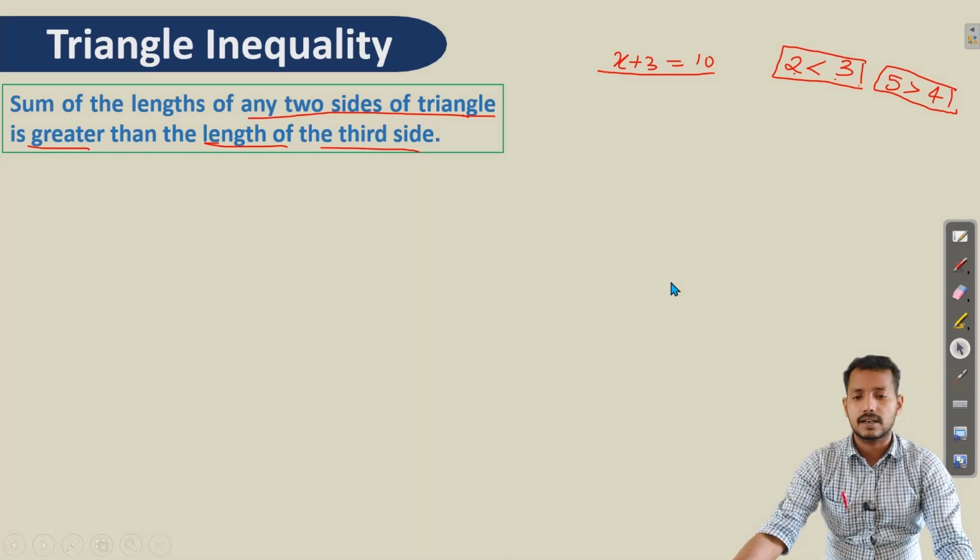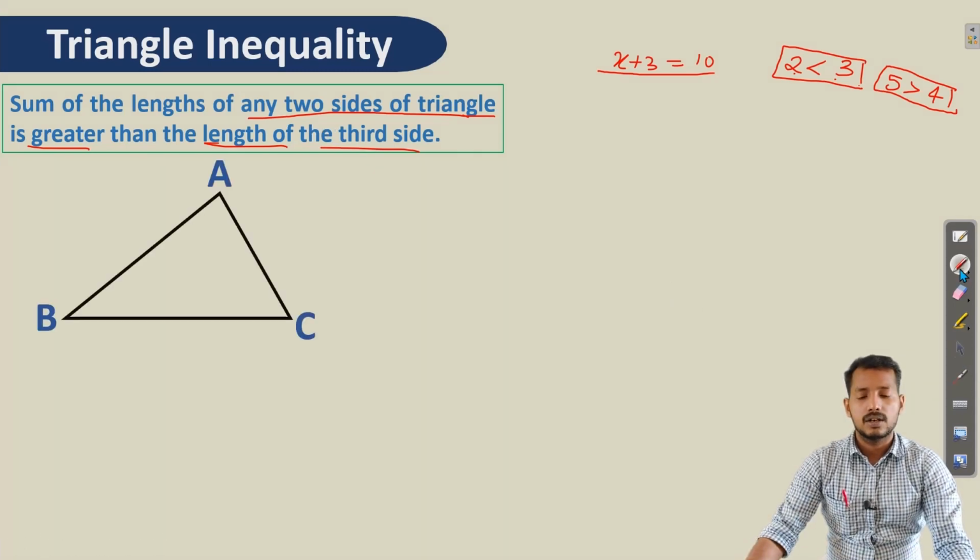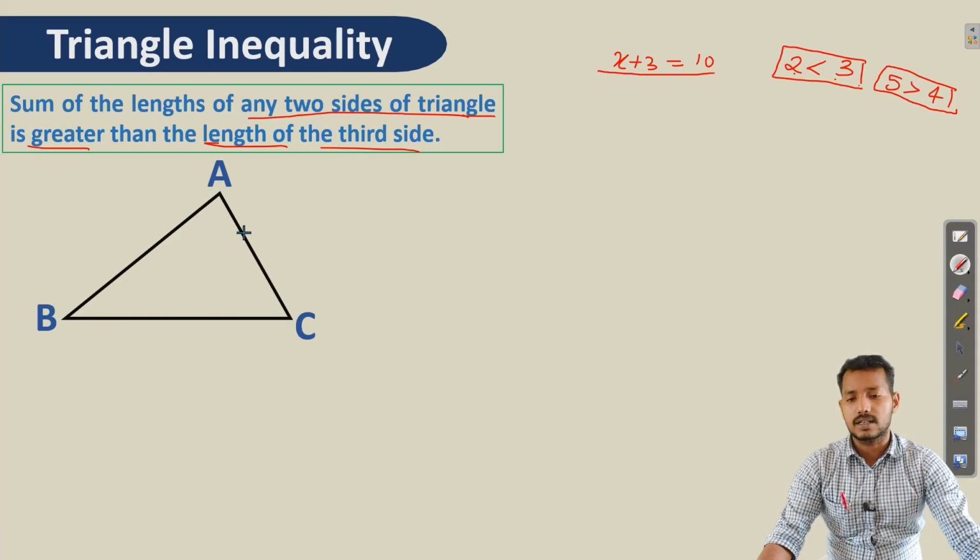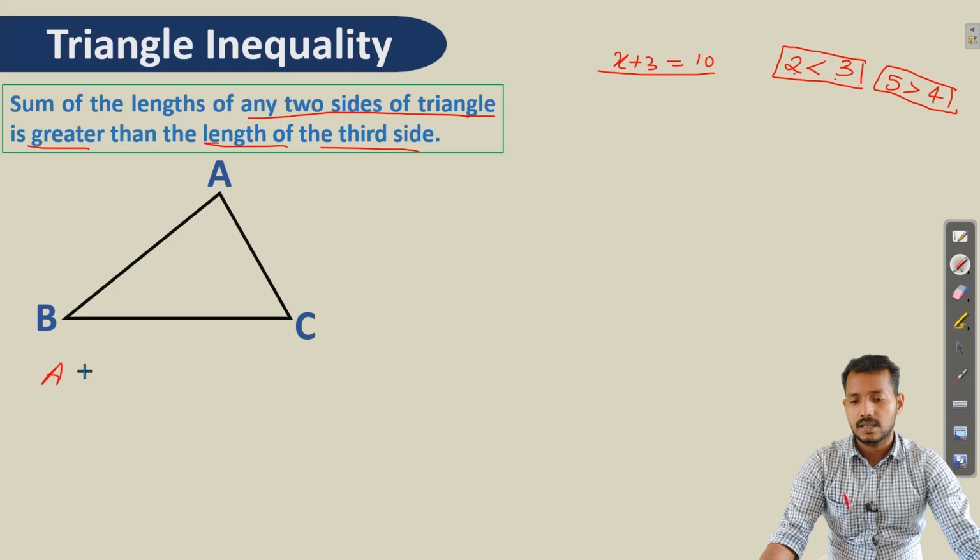For example, let's take a triangle ABC. According to this triangle inequality we can say that the sum of AC plus AB, the sum of these two sides, is greater than the third side BC.